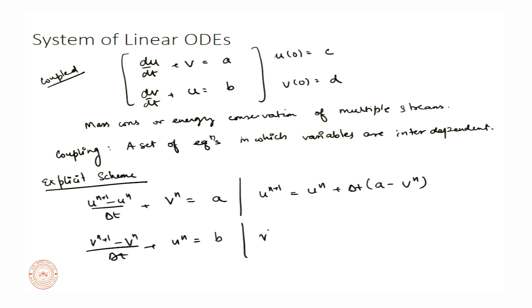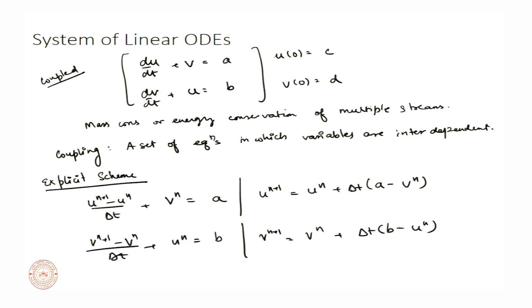This will be v^(n+1) equals v^n plus delta t (b minus u^n). So, you use the last time step to solve for the next time step. You again need your initial conditions. So, u1 and v1 are known and the rest are unknown.